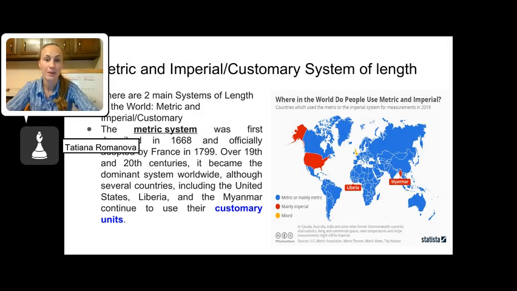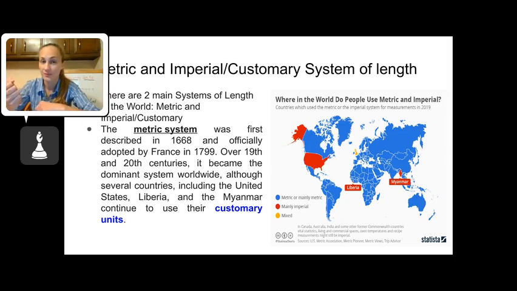Look at the world map on this slide. It has just two colors. Do you know why? Okay, basically, in the world, people use two systems to measure an object. The countries that are blue use the metric system, and the countries that are red use the imperial or customary system.